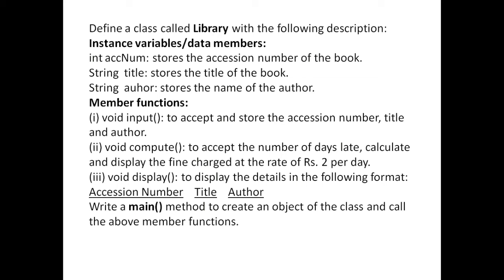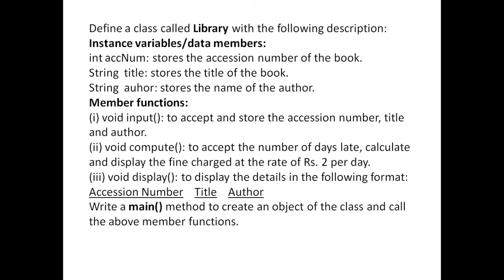Now see children, here a little bit of a twist is there in the question. In compute also you have to take one variable, because that variable will be for the number of days late. Based on that number of days late only, the fine will be charged. Fine is fixed at 2 per day, 2 into the number of days late. Then you have to display finally the accession number, title and author, and write the main function, create the object and call the member functions.